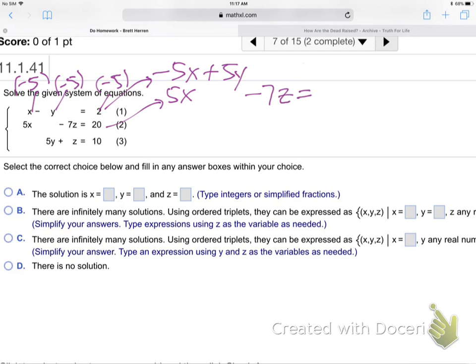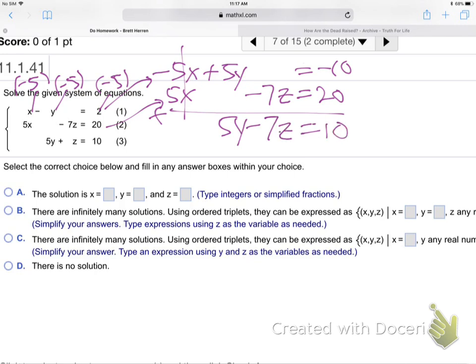Minus 7z is 20. Top equation, negative 10. Is that good? Everybody see what I'm doing there? I multiplied the top equation by negative 5 so that now I can add the 2 equations and the x's drop off. And I get 5y minus 7z is positive 10. Everybody see that?